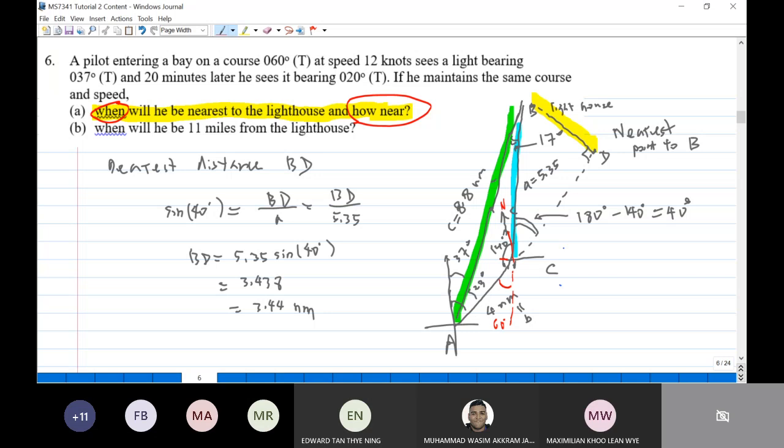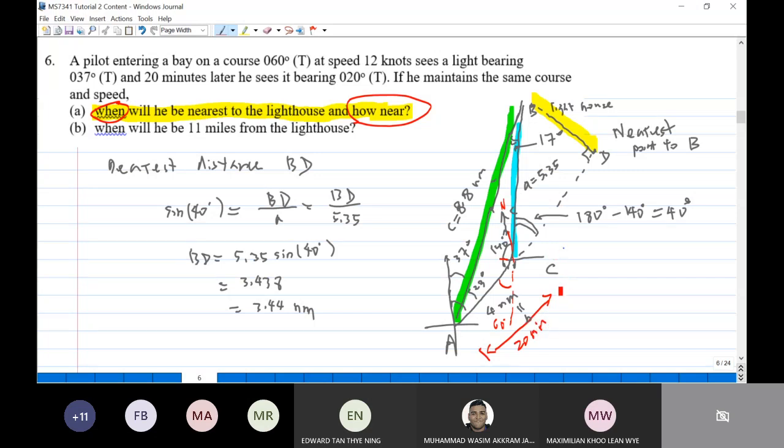So I need to find the distance CD. So when did it happen? How long does it take? From A to C, you get 20 minutes, all right? From A to the lighthouse, after 20 minutes, so this one got 20 minutes here.